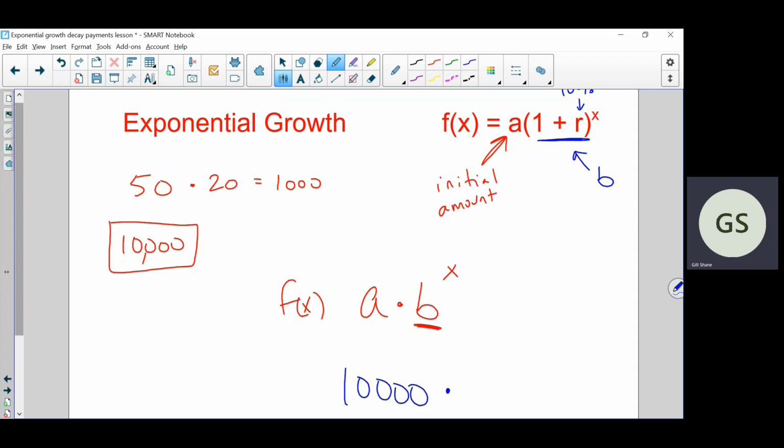B is 1 plus 10%. So we have to convert the 10% into a decimal. 10% is 0.10. So 1 plus 0.1 is the B, and then I'm going to raise that to X.